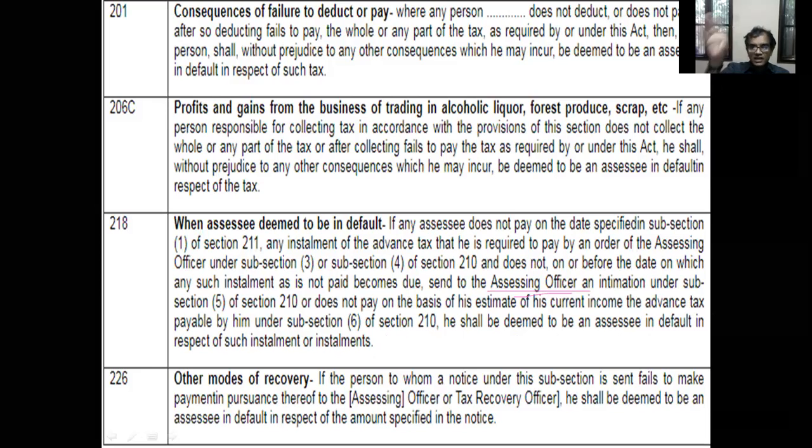He has to pay that amount to the tax authorities. In such a case, the tax authorities will collect in a single amount, or sometimes they will collect in installments from the person responsible. That is what is mentioned in the Income Tax Act.